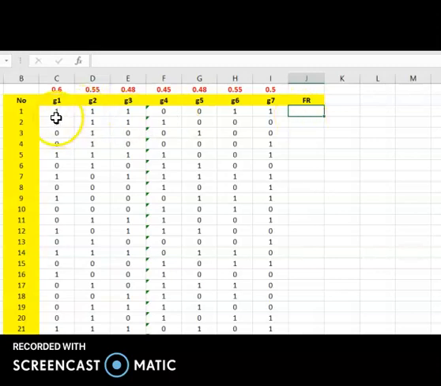For example, if we want to do it manually, the first game Atlanta wins, the second game Atlanta wins, the third game Atlanta wins, fourth game they have lost, fifth game they have lost, but the sixth game they won. Since on the sixth game Atlanta has reached 4 wins, it should be 1.